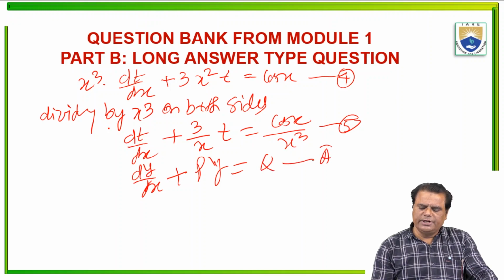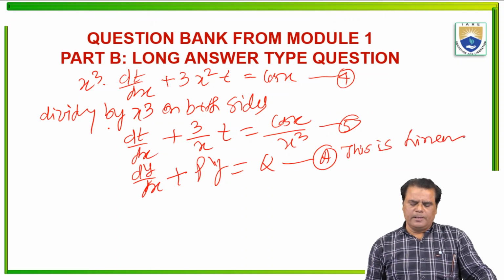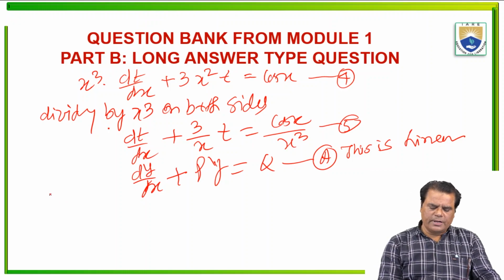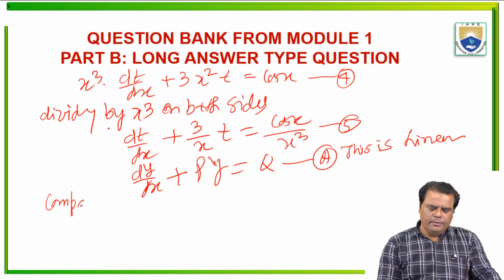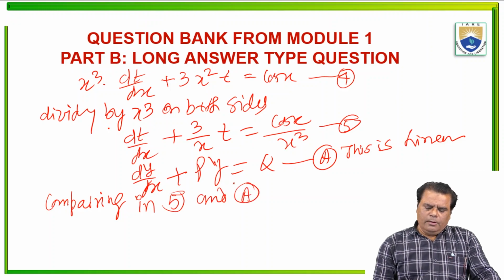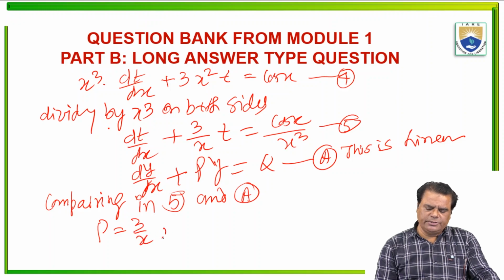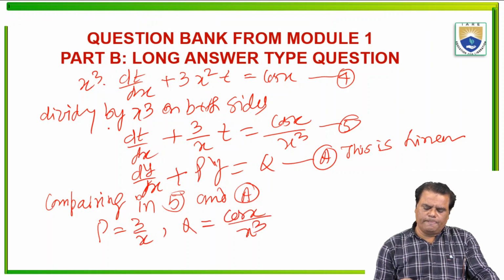This is the general linear equation A. This is a linear equation. Okay. Now comparing 5 and A, we get P is 3 upon x and Q is cos x upon x cube.